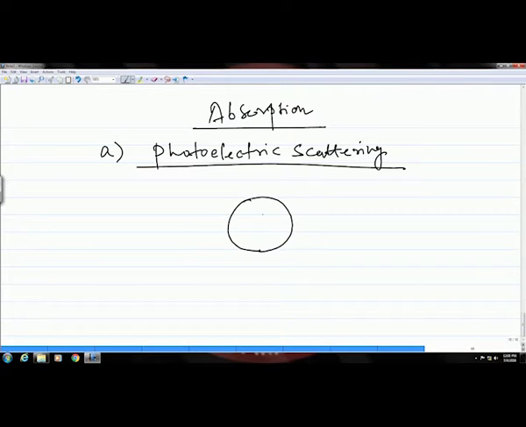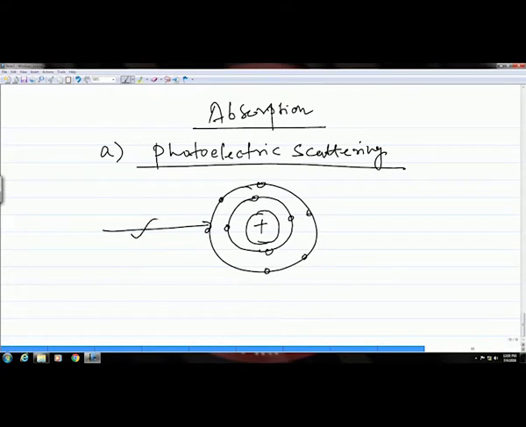So, this is the atom, you have the nucleus and then electrons around it in the orbitals. And when the X-ray photons enter the material with a certain energy E naught, they will encounter these atoms and the electrons inside the atoms.